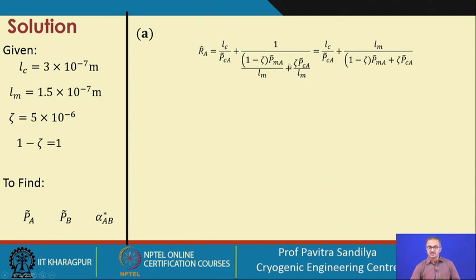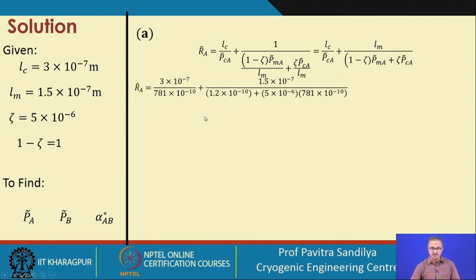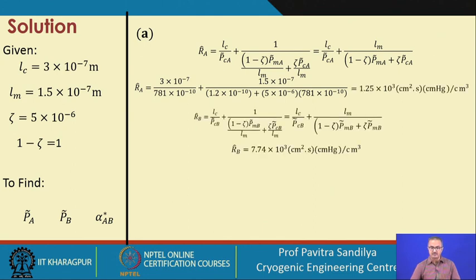So this resistance is in series with these two resistances, these are parallel resistances, and we just do the mathematical rearrangement to get this particular equation. After getting this equation, we put in the various values given in the problem to get the resistance here, and then we find the resistance for the other component B.